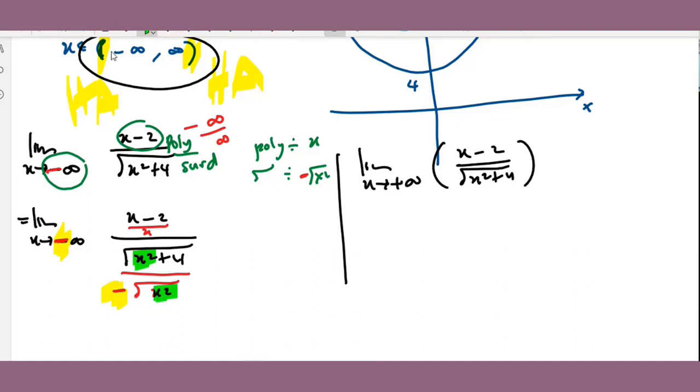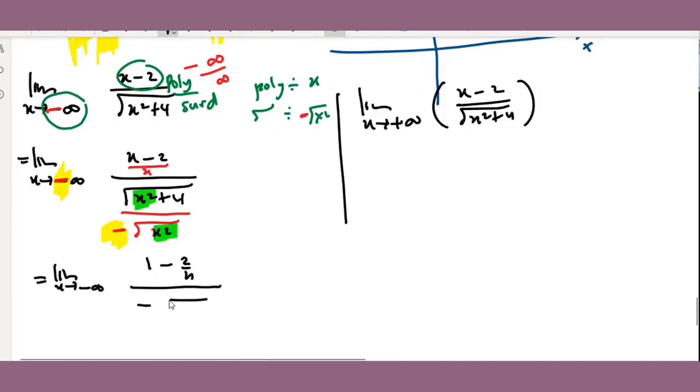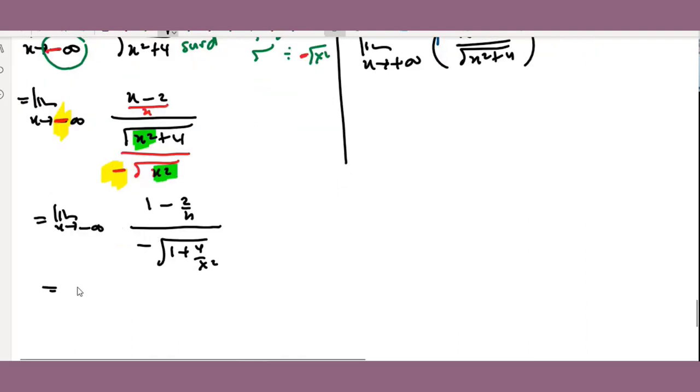Simplify: limit as x tends to negative infinity of (1 minus 2 over x) over negative square root of (1 plus 4 over x squared). Substitute: 1 minus 0 over 1 plus 0, so 1 over negative root 1 is negative 1.